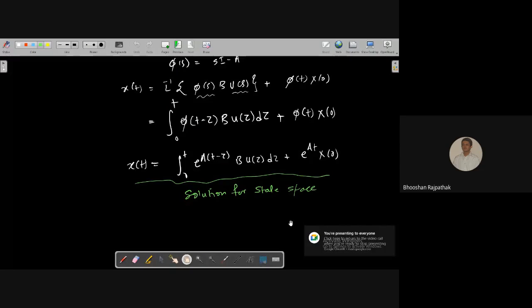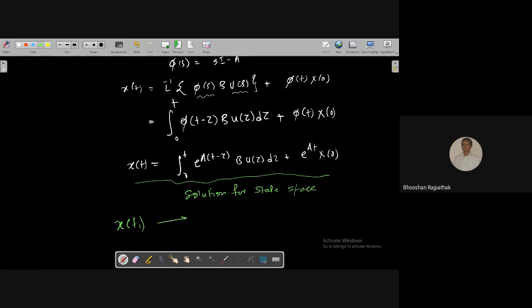Now, see the concept of controllability, how it is developed. If I want to change my state from any time t1, x(t1), to some another value, first question is, can I change this arbitrarily? For example, let's say I have one 3 by 3 system and my state at one time is, let's say, 1, 1 and 0.